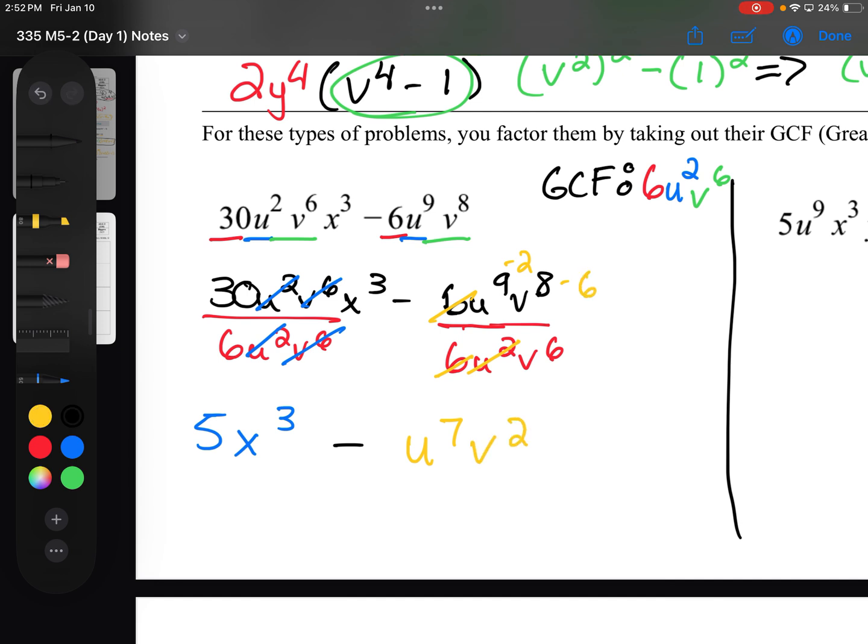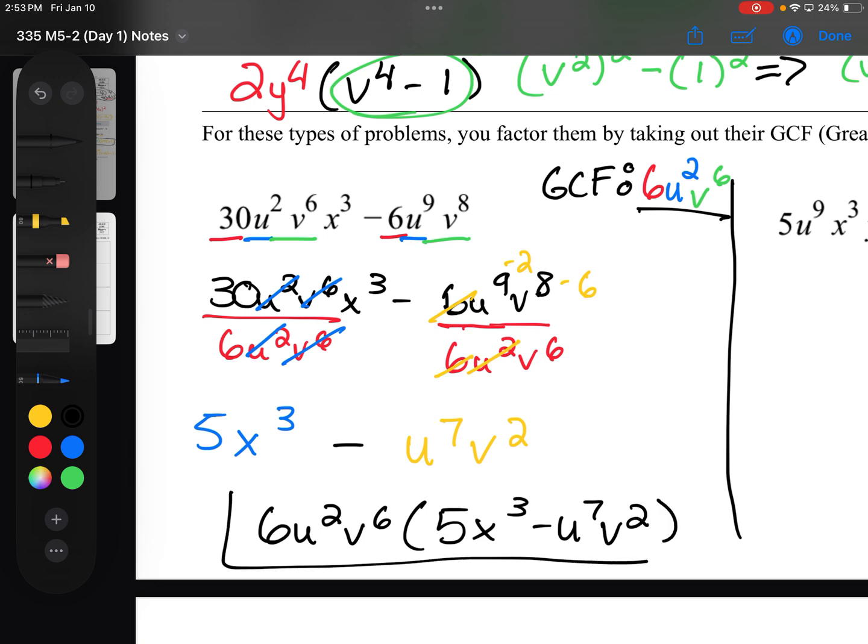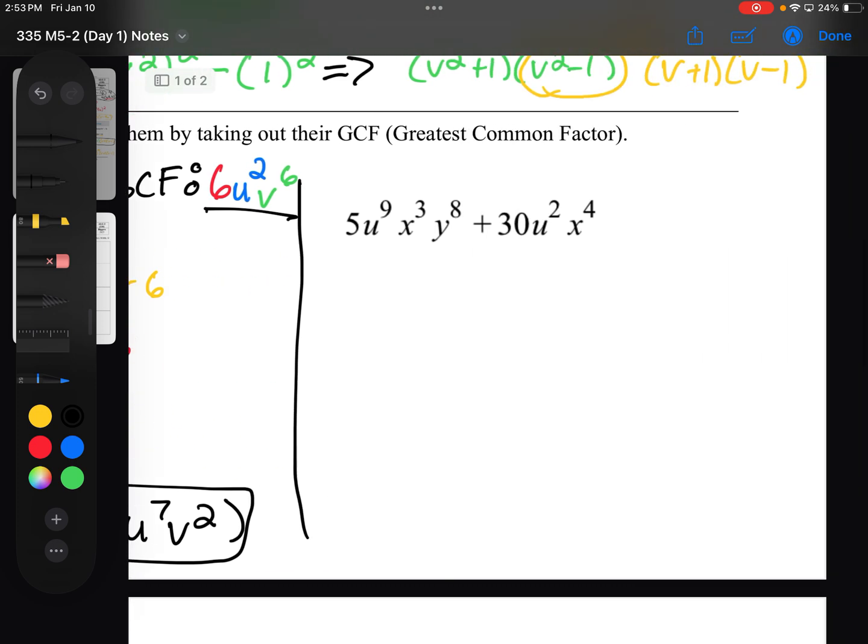When it's all said and done, people will forget this step the most: make sure you take your GCF and write it out in front of whatever you factored, because when you factor out, you're really dividing it out. This is just giving us some good practice with factoring before we start solving these in the next lesson. Remember, pause the video and try the next one. I'm going to go ahead and work it out now.